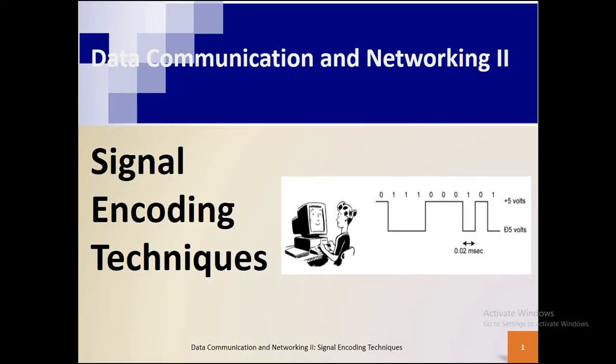Signal encoding techniques. In data communication, data or information transmission can take two main forms. You probably learned about this in your data communication and networking one course, the part one section of it.